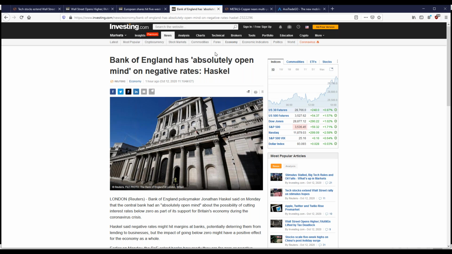Bank of England said absolutely open to negative interest rates. Okay, what does that mean? That means instead of paying interest when you borrow money, the bank might pay you to borrow money, right, as a business. And so that helped create momentum on the markets as well, because who doesn't like cheap money to expand businesses and hire people and get the economy going?